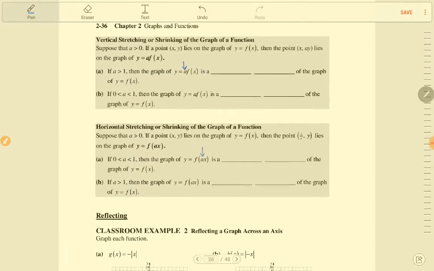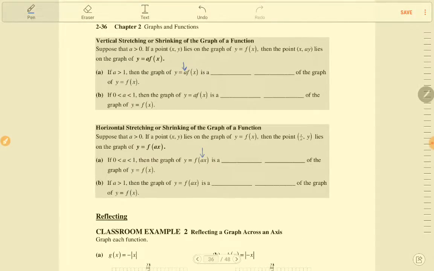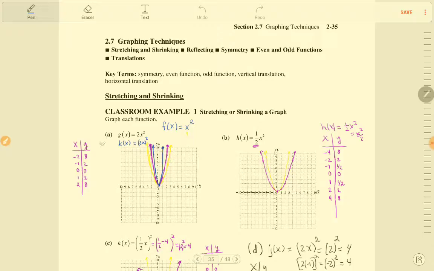All right, so that's what we were just messing with here, right? We were seeing that g of x and h of x had the coefficients outside of the parent function, the original parent function, right? They were not part of the input.